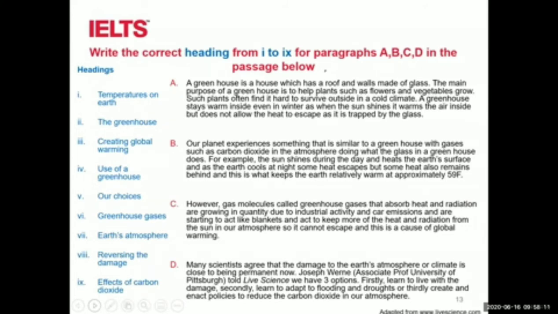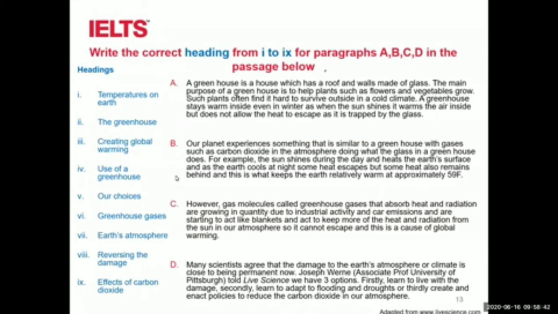The instruction is write the correct heading from 1 to 9 in Roman numerals in the correct box. Remember, I've given you 3 choices here. You can move it round. I'll read them out to those people who cannot see the poll question because you may be on mobile phones. Choice 1 for correct answer is capital A, 1, B, 2, as in numerals, C, 4, or D, 3.